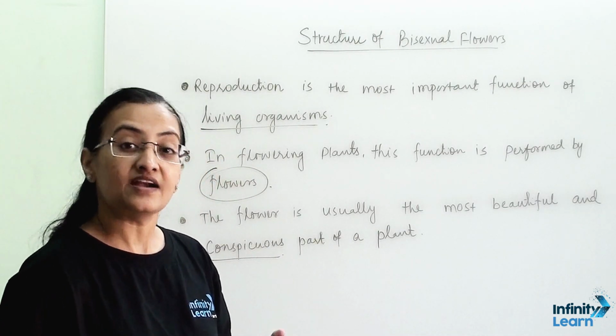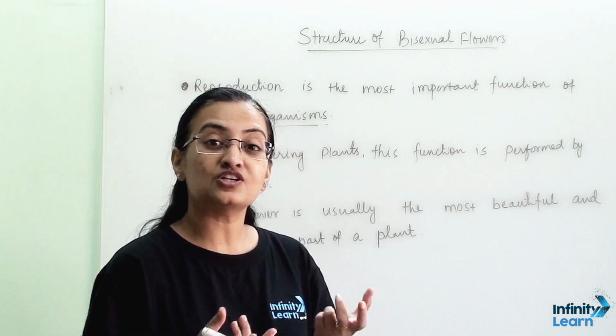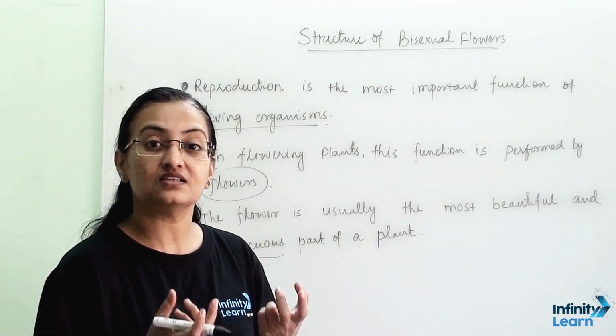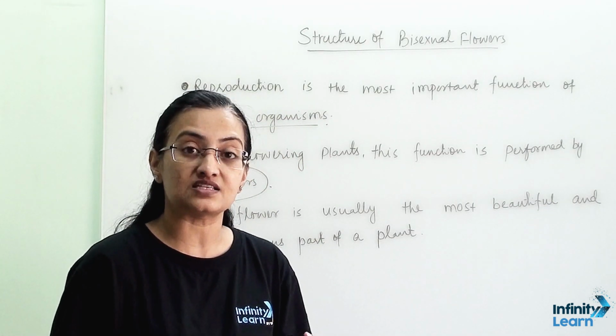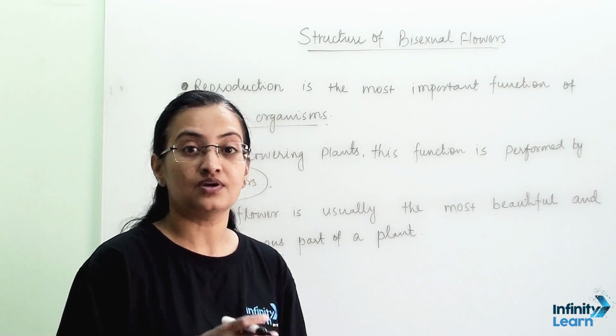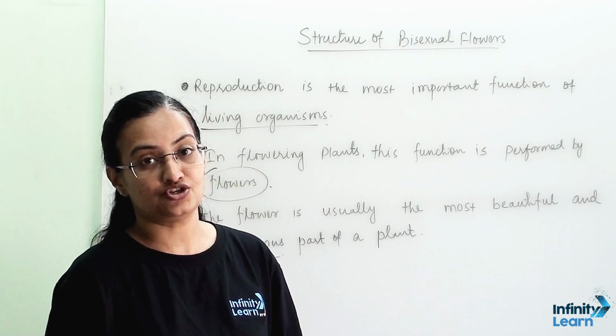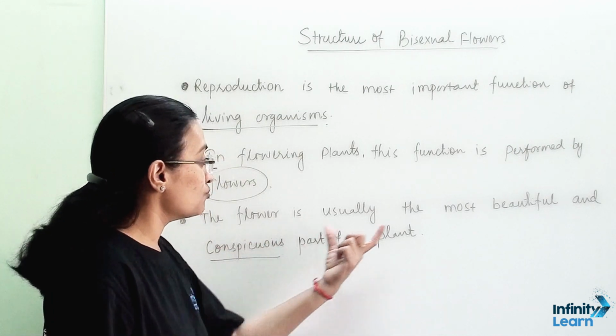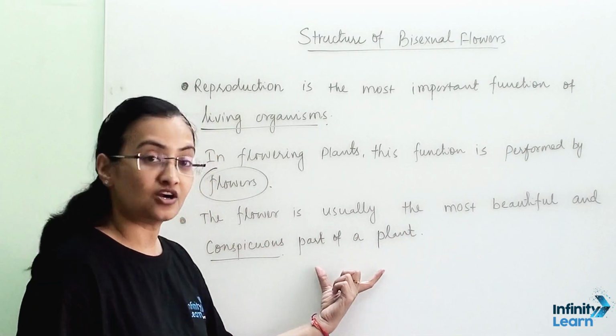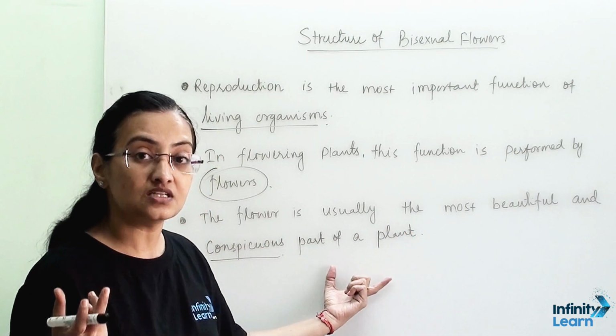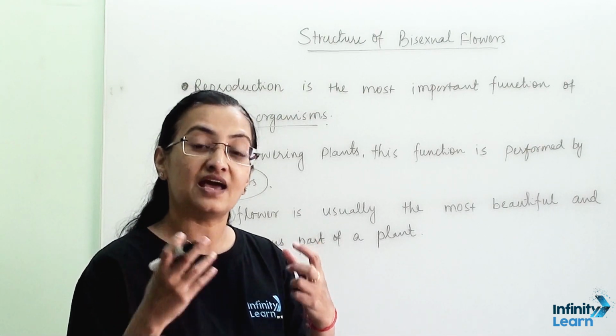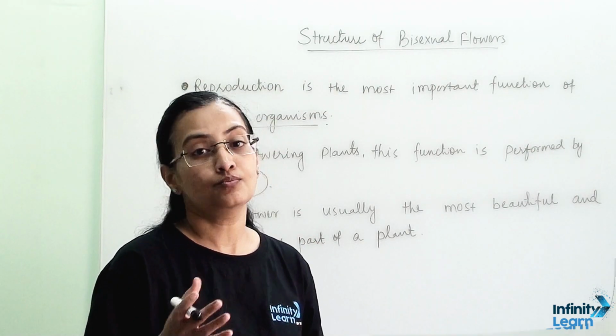Conspicuous means attractive, so it will attract flies, honeybees and butterflies so that they will help the flower in pollination. So the flower is the most beautiful and conspicuous part of the plant, which in turn attracts the insects which will help the flower to pollinate.